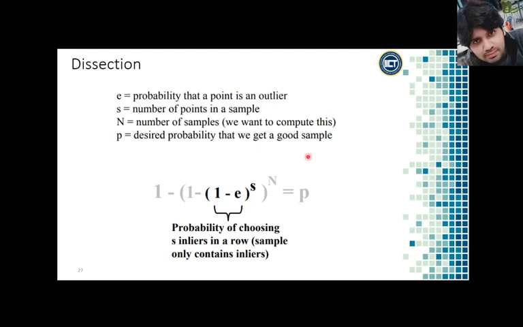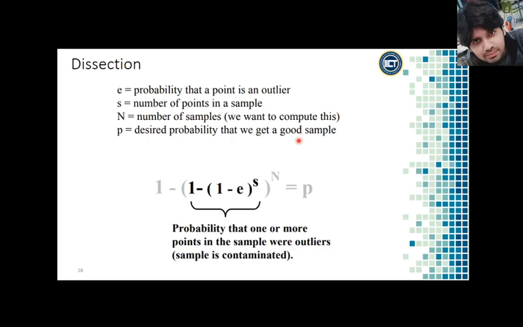Now remember the previous example I discussed in the previous slide, that if we want to know the difference from the universal set, like the complete probability, we just subtract it from 1. We would do the same thing, we subtract it from 1 to know the probability of getting at least one outlier in this sample.